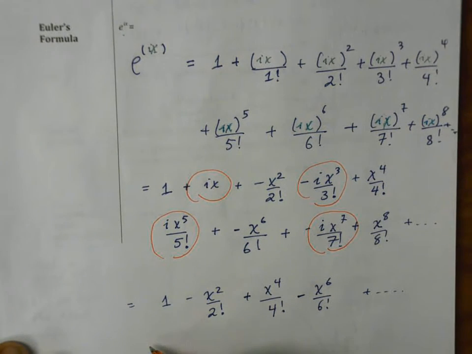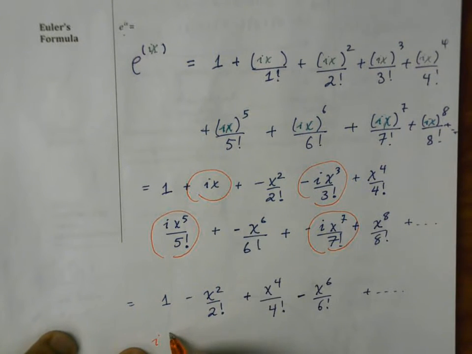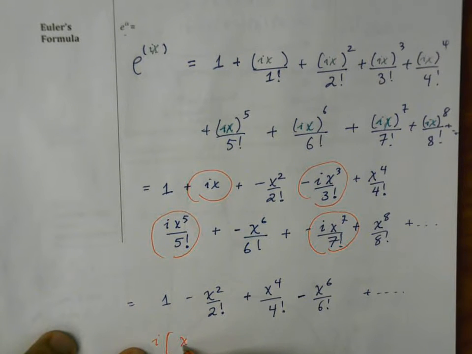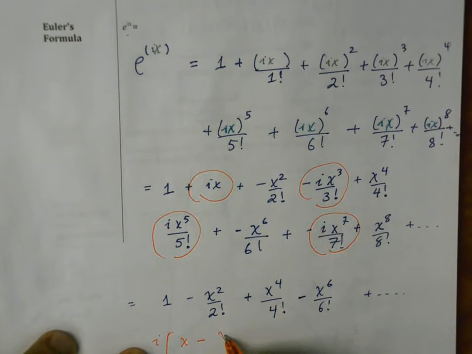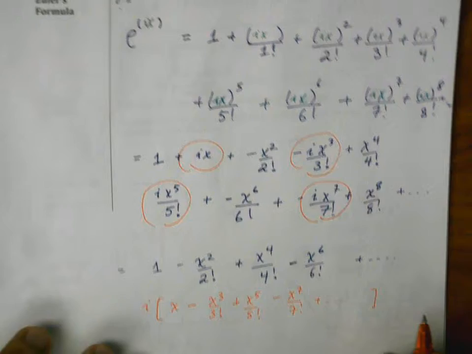And then here we're going to have i, and I'm going to factor out the i as well, so this is going to be x minus x to the 3rd over 3 factorial plus x to the 5th over 5 factorial minus x to the 7th over 7 factorial plus a bunch of other terms.